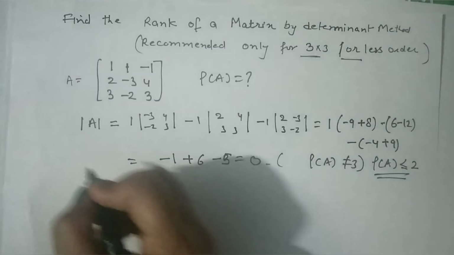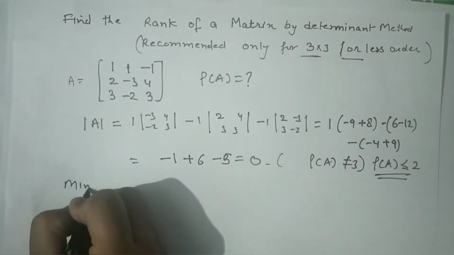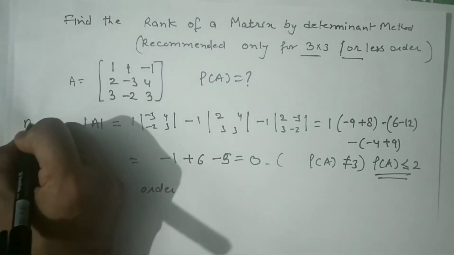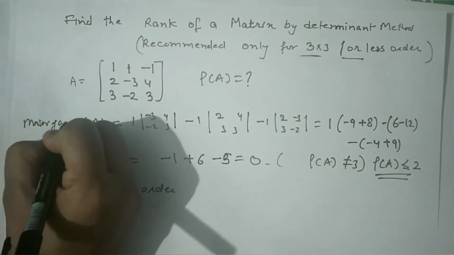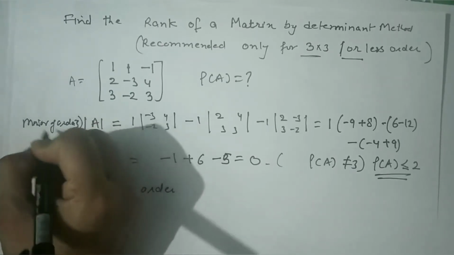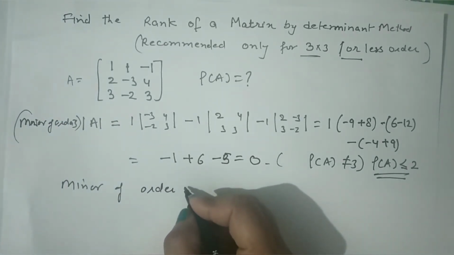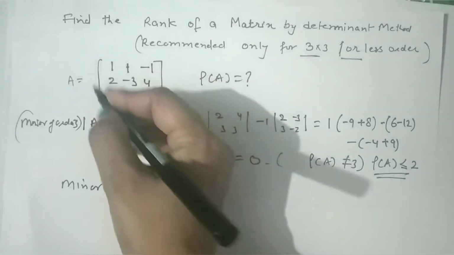So now we are going to check the minor of order 2, because this was the minor of order 3. Now minor of order 2 means the determinant of 2 by 2 order out of this matrix.